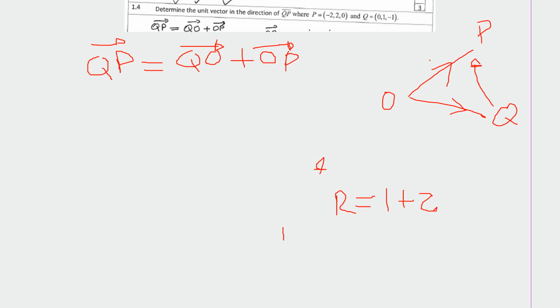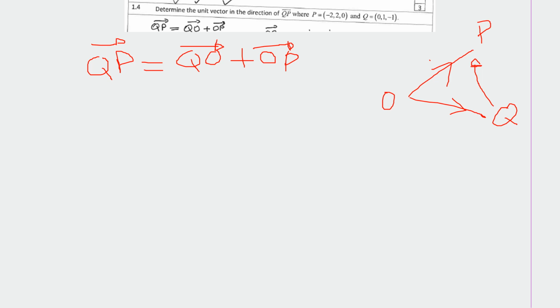So now that we have the equation of QP, we can determine the direction. Now we can work with directions. We have QO, but in this case we have the value of Q, which represents OQ. Now OQ is the same as QO in magnitude, but it is opposite in direction.